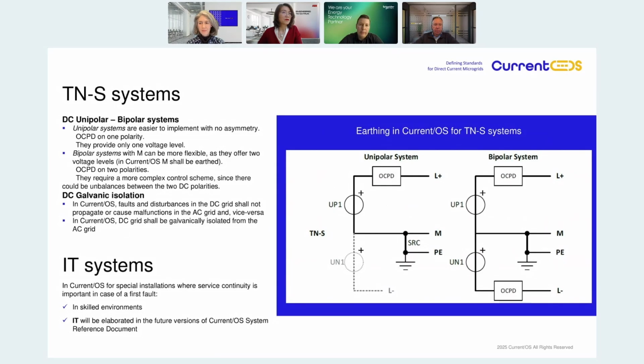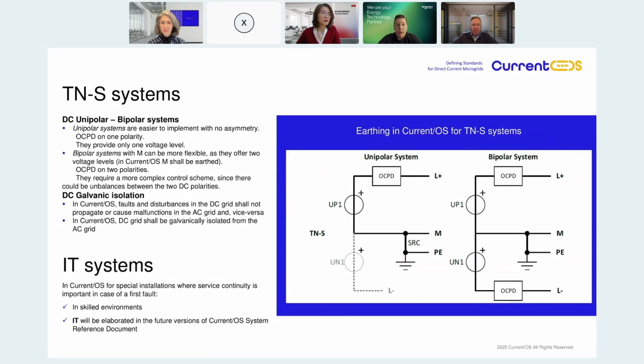A unipolar system is 1 voltage, bipolar double voltage or 2 voltages towards ground. Of course, unipolar systems are easier to implement with no asymmetry, and usually only single pole overcurrent protective devices can be used, while bipolar, of course, are more flexible.